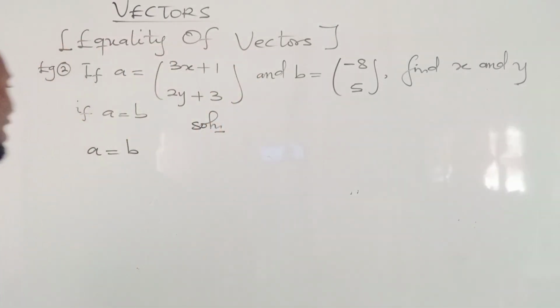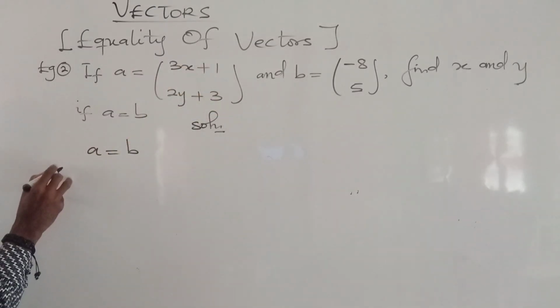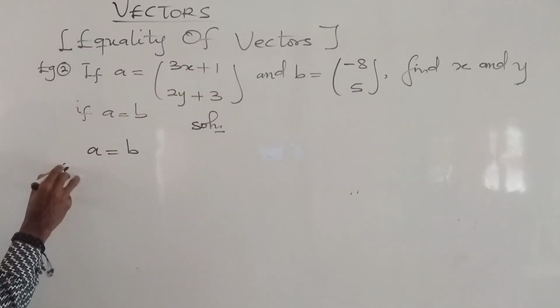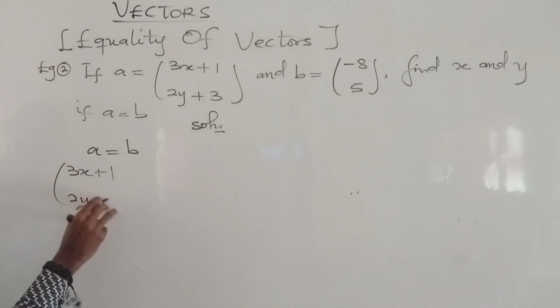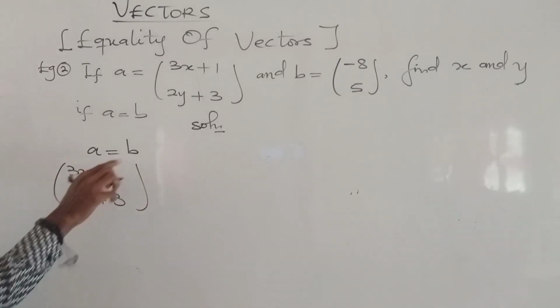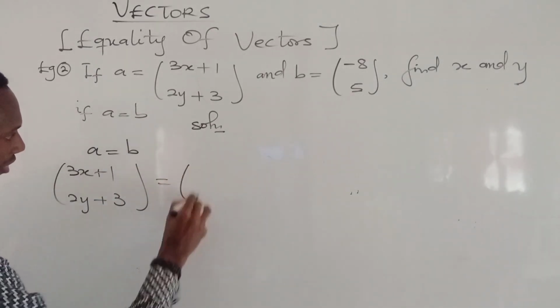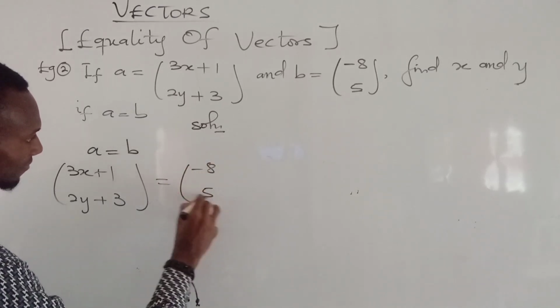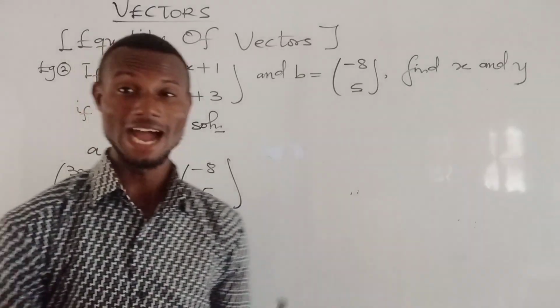Let's go ahead and do that. In place of A, I'm going to put my value there, which is given to be 3x plus 1, 2y plus 3. Then I'll bring my equal sign. Then in place of B, I'll put my value there as well. B is given to be minus 8, 5. I hope you understand and you agree with me up to this point.